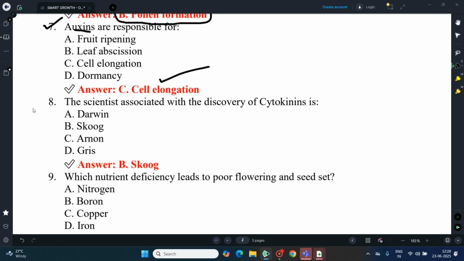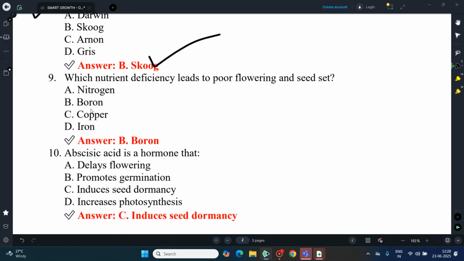And the eighth one, who is the scientist associated with the discovery of cytokinin? That is the question, and the answer is Skoog. And the ninth question, which nutrient deficiency leads to poor flowering and seed set?